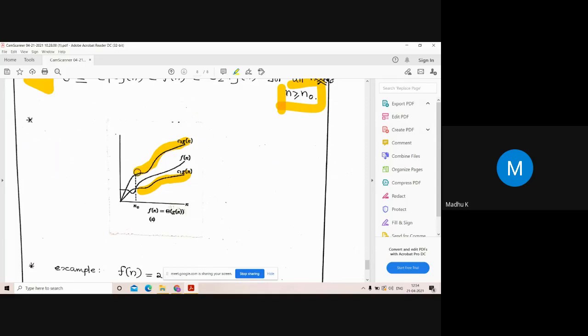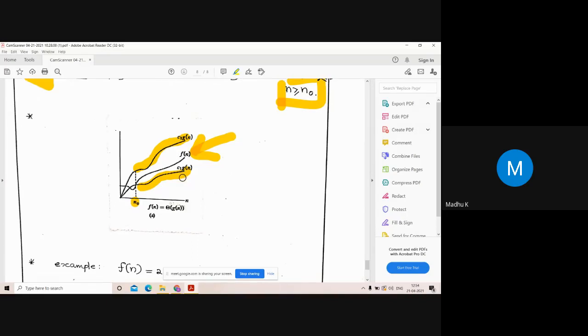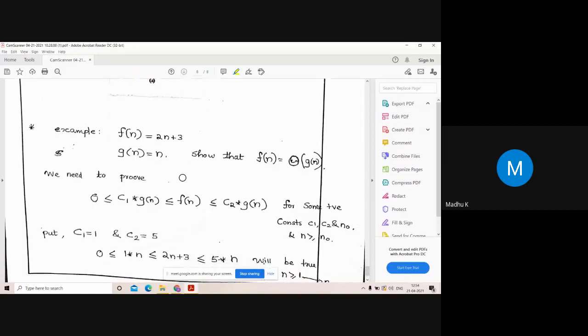What theta notation is saying is, after a particular positive value n0, for all values of n, f of n should lie between C1 g of n and C2 g of n. That is the meaning of theta notation. This is the graphical meaning of theta notation.